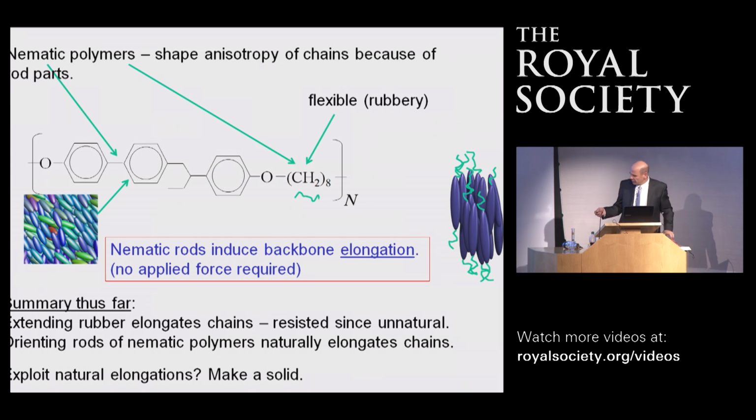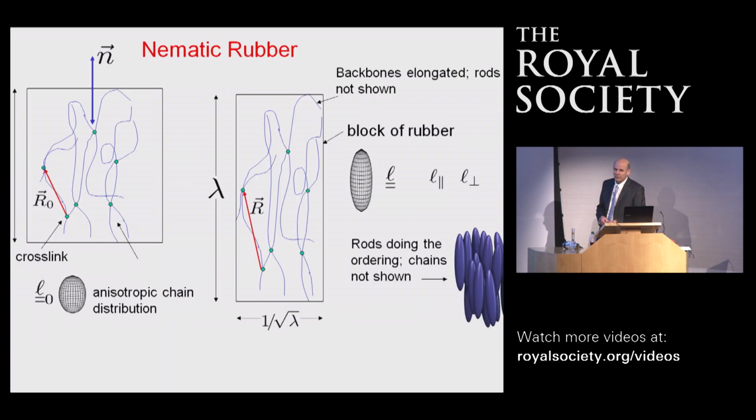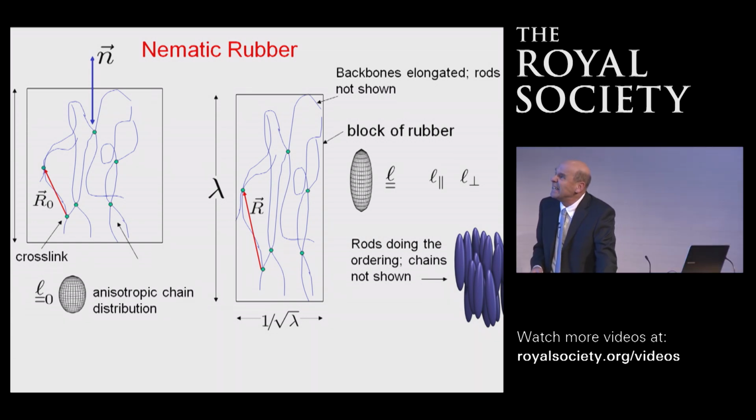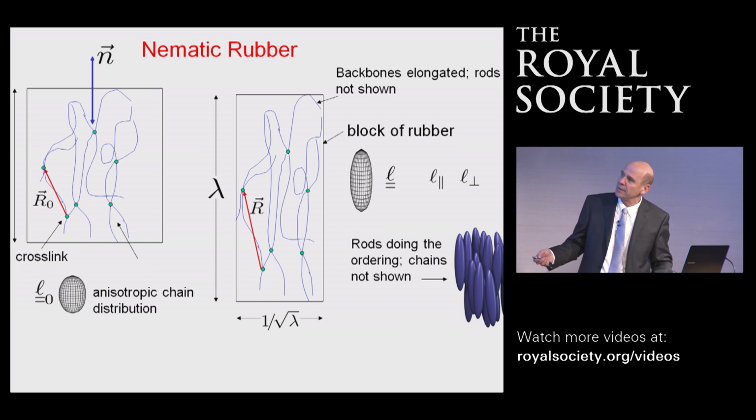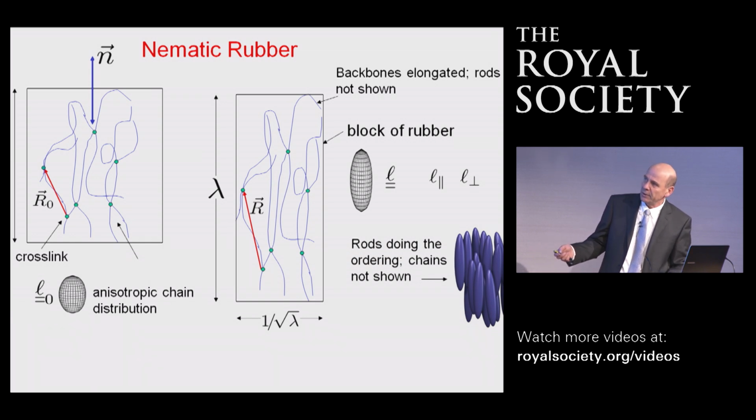So if I've got some natural elongations, why don't I make a solid of these things and see if it does what rubber does, but doing it itself, not with an applied force. So here's the story. This is where we're aiming. I take these, remember nematic was the simplest liquid crystal phase that we find in this bottle. And I make a block of this by baking it up with sulfur to vulcanize it so there are the links between the chains. But now the chains, I'm just showing you the backbones, and I'm not showing you the rods that are actually causing these to elongate.